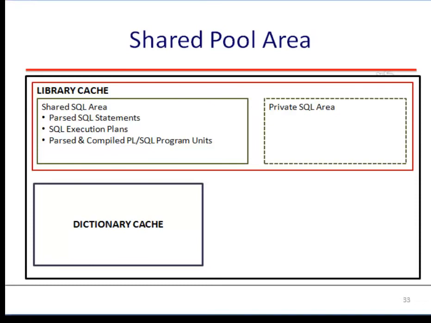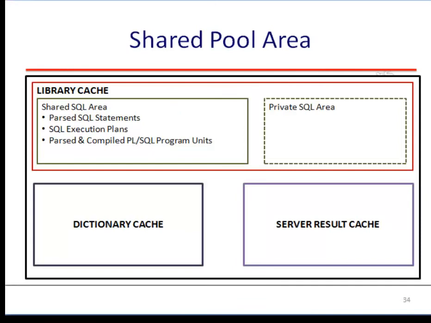Now, as you know, Oracle uses a data dictionary, which is data about data. So, to do any activity, Oracle always has to refer to information from the data dictionary. So, this particular part of the memory is dedicated to store information from the data dictionary.